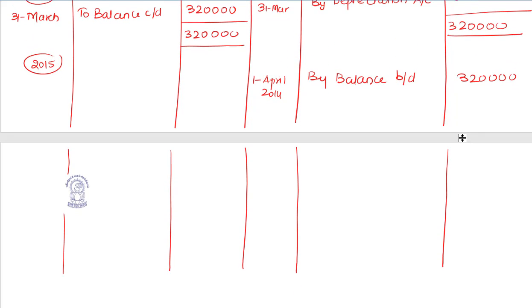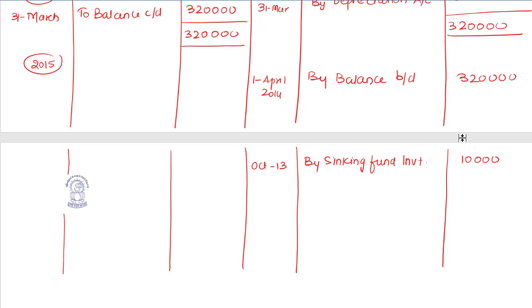So over here, October 13, by sinking fund investment account, 10,000, the difference between 1,10,000 and 1,20,000.